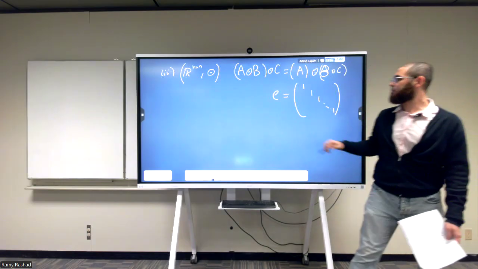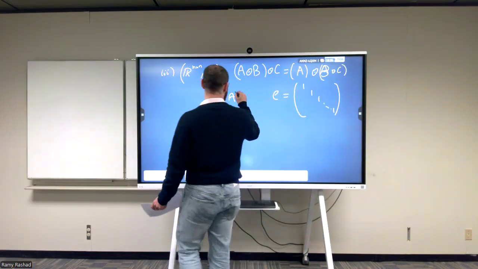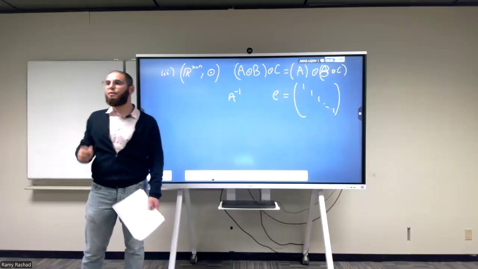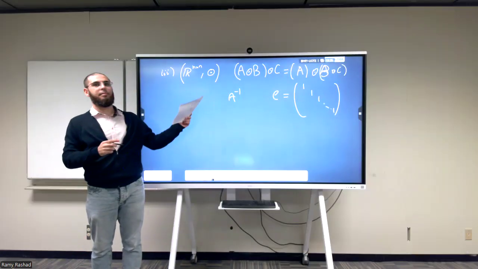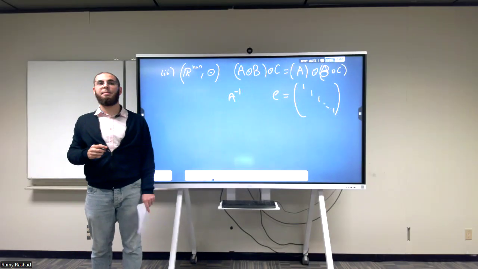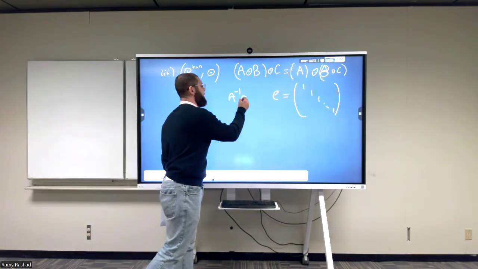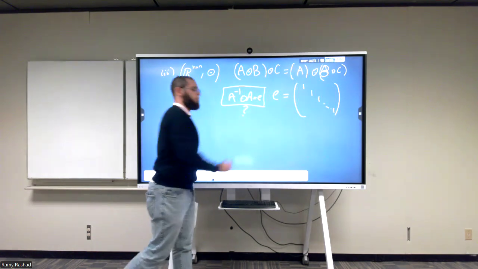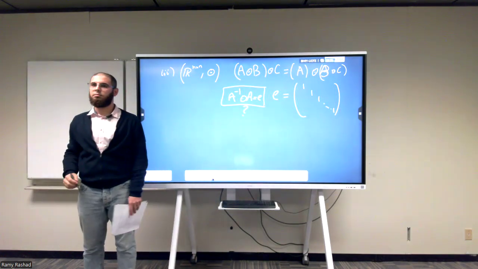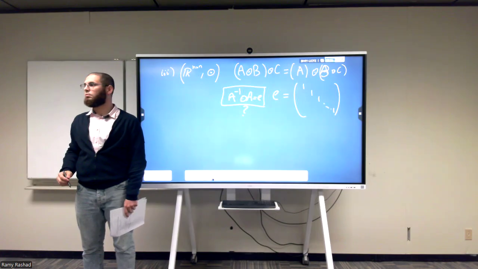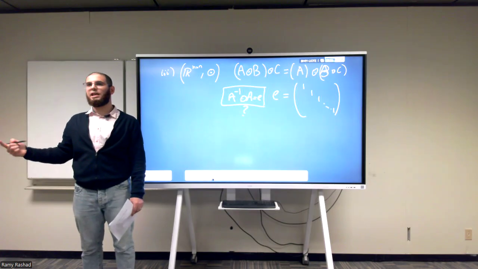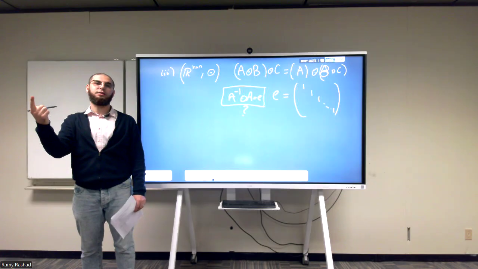What about the inverse? If I have a matrix A, does there exist for every element A in this set of n by n square matrices another element that when I multiply it by A, I get the identity? So in general, what Ibrahim did now is that he found one element that does not satisfy this.